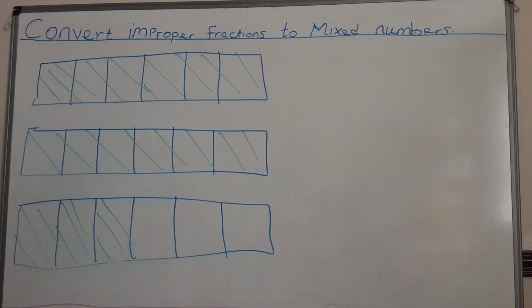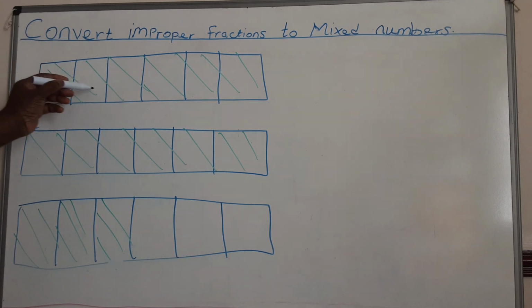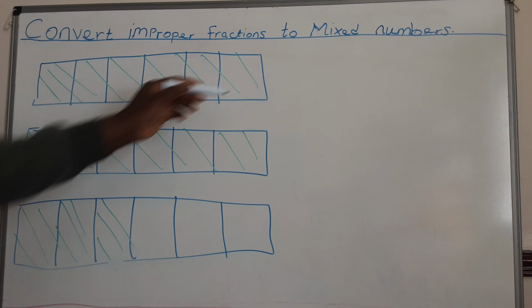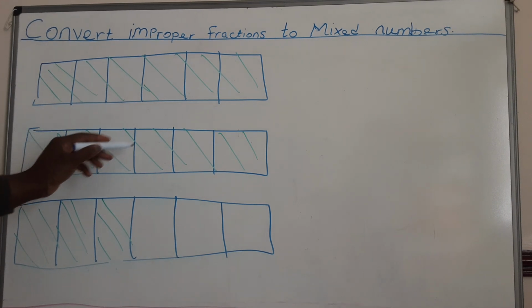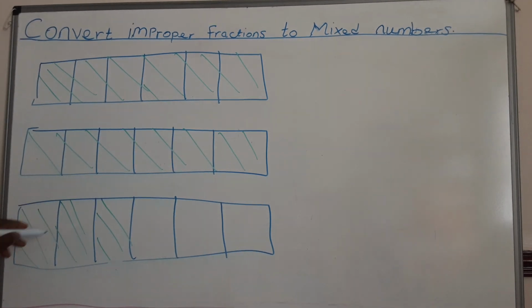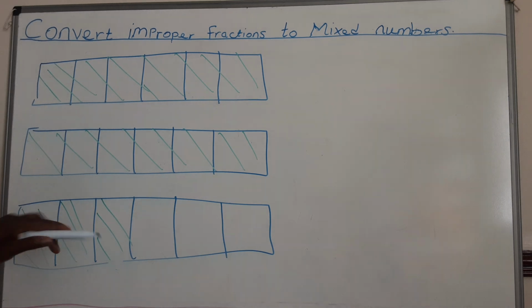All right, so let's see. First, we have to write the improper fraction down, then we convert into a mixed number. So to write the improper fractions, we have to count how many parts is being shaded. So let's count together. 1, 2, 3, 4, 5, 6, 7, 8, 9, 10, 11, 12, 13, 14, 15. So 15 parts are shaded.